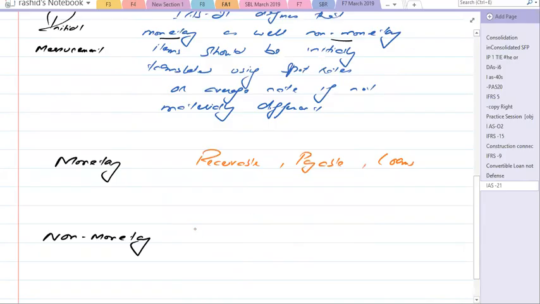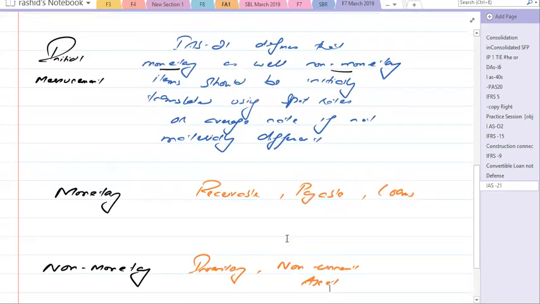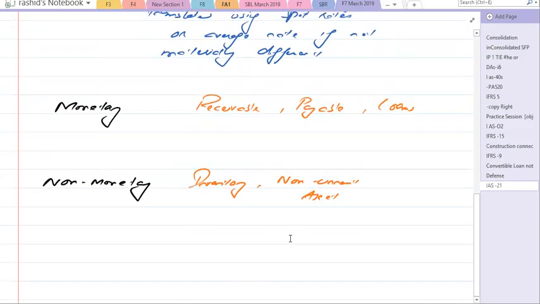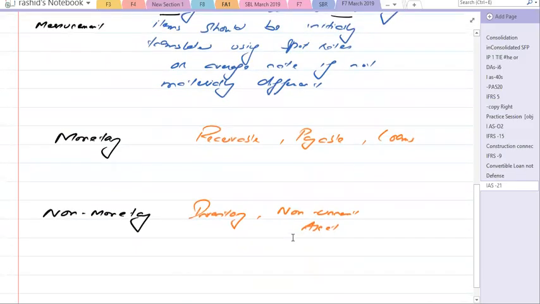Non-monetary items are simply inventory, non-current assets. And if you remember, monetary and non-monetary doesn't mean that non-monetary is something not having monetary value. Non-monetary items are not liquid. So IAS 21 defines that monetary as well as non-monetary items should be initially translated using the spot rate or average rate if not materially different. Monetary is receivable, payable, loans. Non-monetary is inventory, non-current asset.